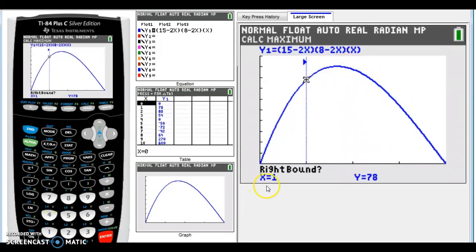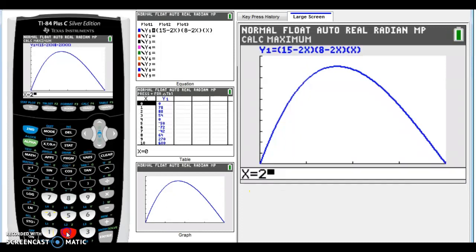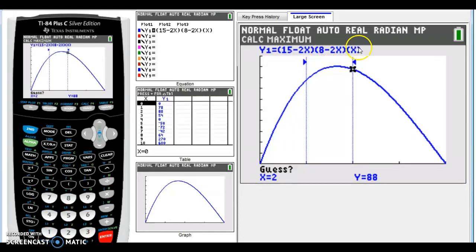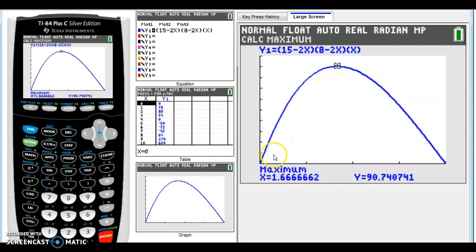So when it asks me for the right bound, I'll hit 2, enter, and you'll see another arrow come in. So what your calculator is doing is bounding this area off, and it's saying it will find us the highest point there. So if we go to guess, the only reason it says guess is because it gives us an approximation, but it tells us the maximum is at about 1.6 repeating, it looks like, and then 90.74 for the y value.